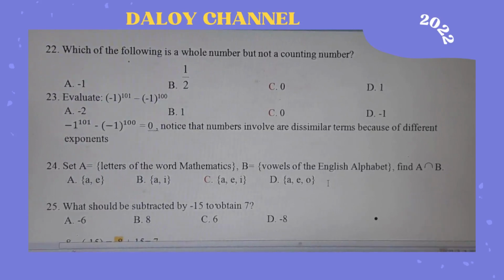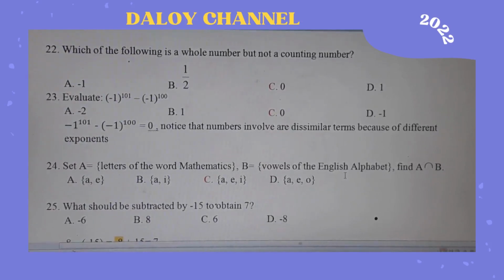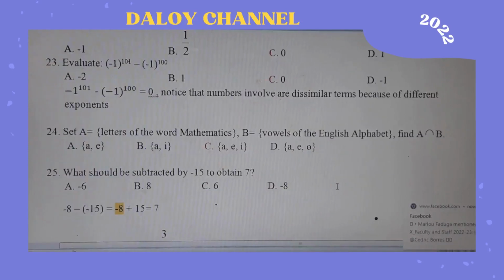But here, I noticed that there are two different terms, even though they're numerical, so we have no right to combine these numbers. But for the benefit of the doubt, maybe the answer here is 0.